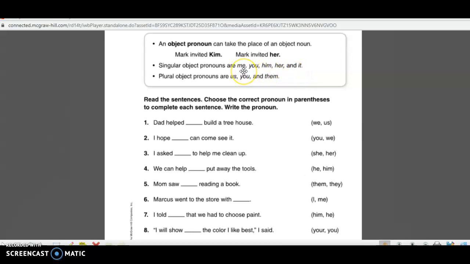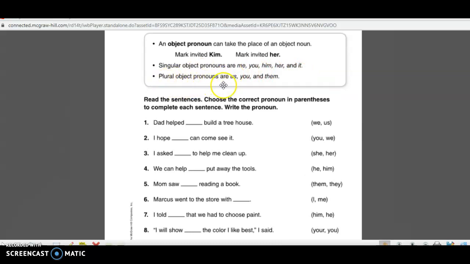But me was I in our subject pronouns. It's me in our object pronouns. Him and her were he and she when we had subject pronouns. But in object pronouns, it's him and her. So those change in our singular object pronouns.